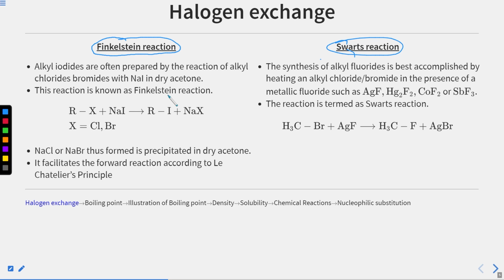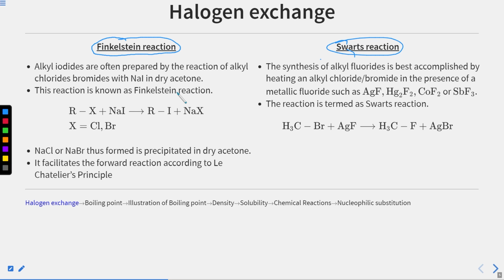Students often get confused about which halogen exchange is for iodine and which is for fluorine. If you look at the word Finkelstein, you can hear an I sound at the end.